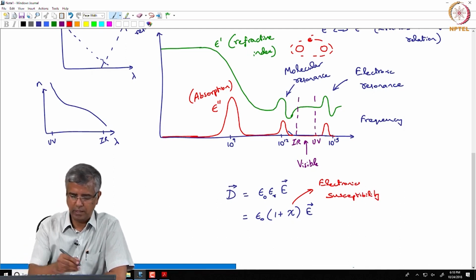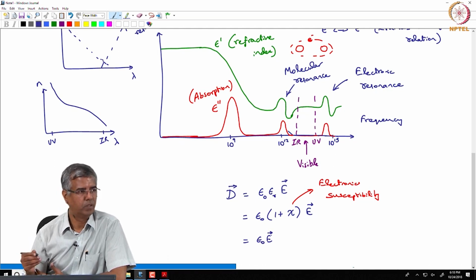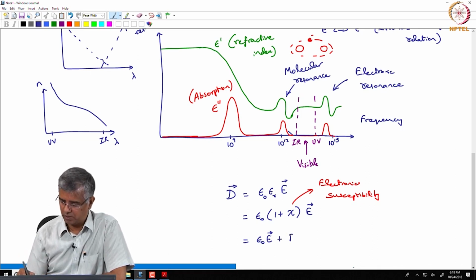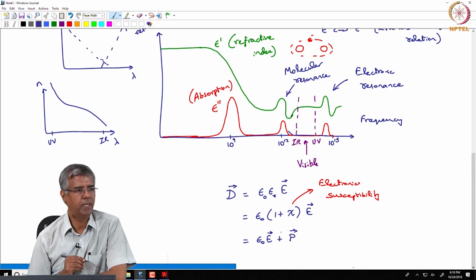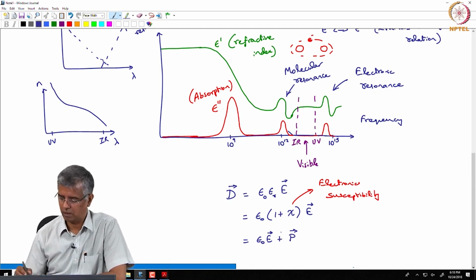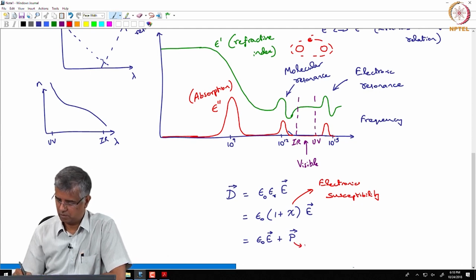Okay. And this can be written as epsilon naught E, which does not have anything to do with the medium, and whatever response of the medium you denote by this term P, which is a term that we call polarization.